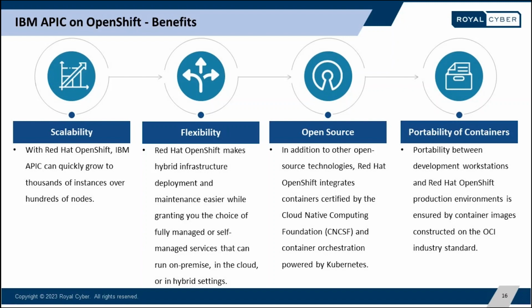After the best practices, these are the basic benefits. What benefits does APIC offer to you? We will cover these benefits. One is scalability. With Red Hat OpenShift, IBM APIC can effortlessly scale to thousands of instances across hundreds of nodes, ensuring seamless growth and performance.